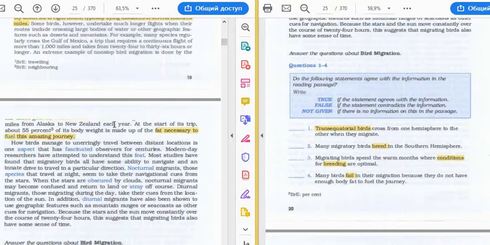The last sentence is close to our question, but it doesn't say exactly that many of them fail because of the fat. They just say that at the start of this trip, about 55% of its body weight is made up of the fat necessary to fuel this amazing journey, but it doesn't say anything about failure, which means the answer to this fourth question is not given in this text.